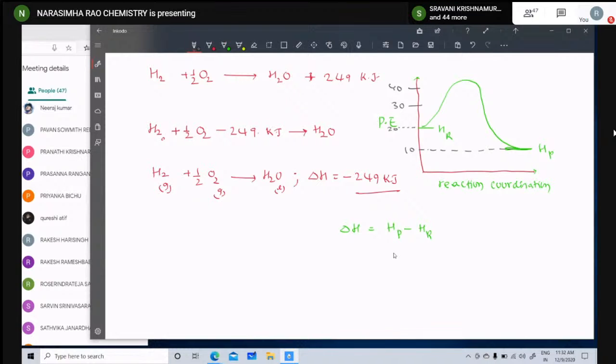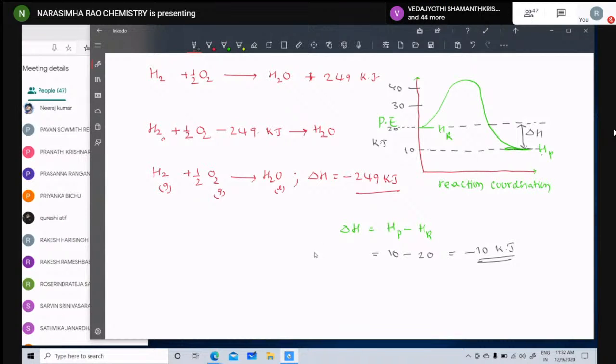Now, HP minus HR: this energy gap between these two is expressed as delta H. Product potential energy is how much? 10 kilojoules. 10 minus reactant, which is 20, equals minus 10 kilojoules. It's clear now?